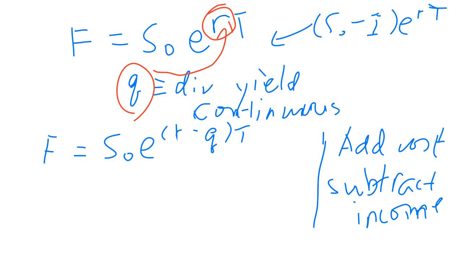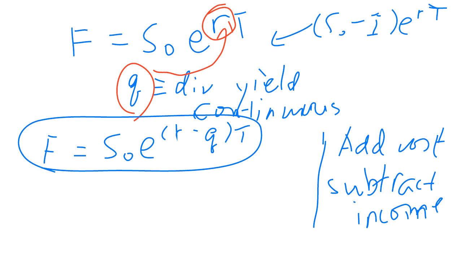So fair enough. Now we understand what happens if we have a continuous dividend. Suppose we have an example and say today's stock index is, I don't know, 1,023. Okay, I confess, I was not looking at the market today.